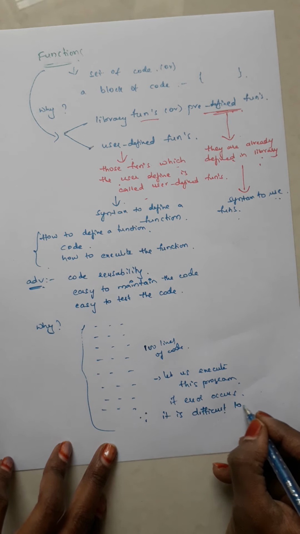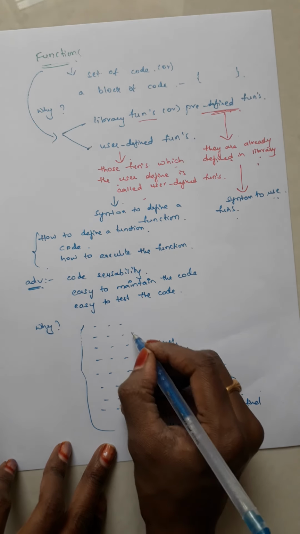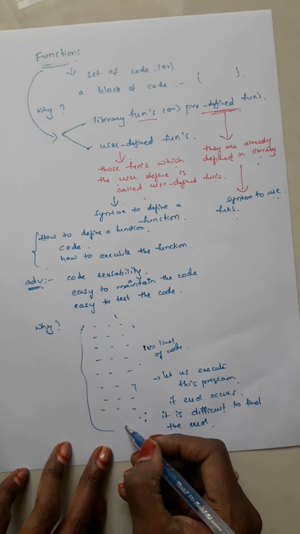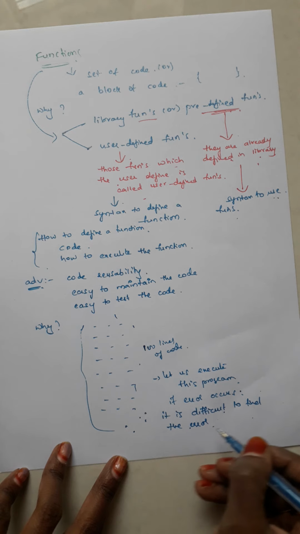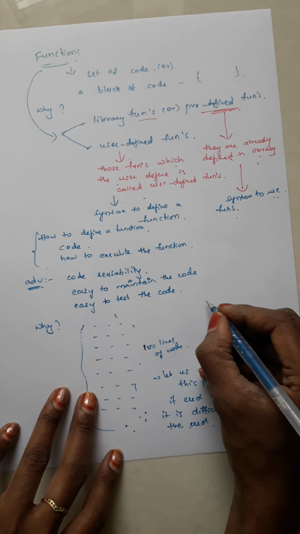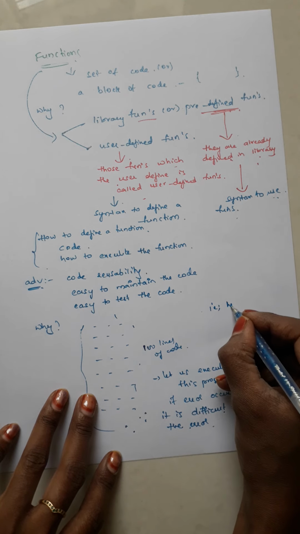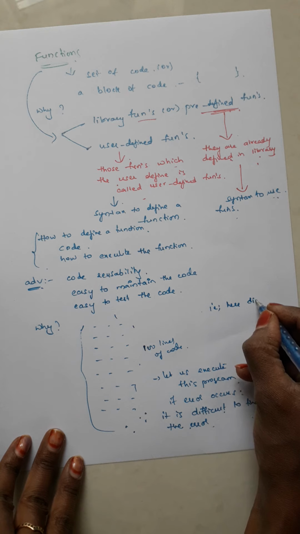Because the program contains 100 lines of code, if any error occurs, it is difficult to find. So, because there is an overburden on the code, we divide the code into partitions.